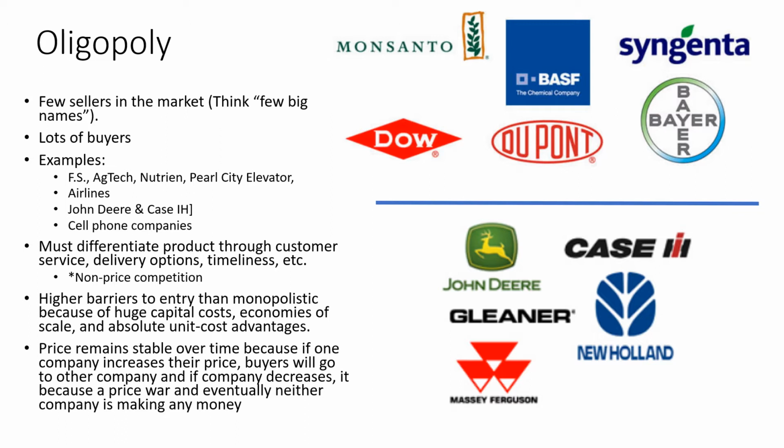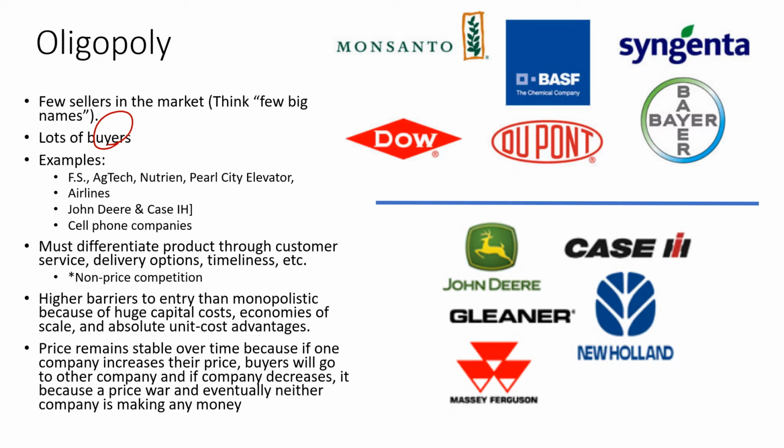So as far as coffee goes and as far as milk goes, there's a lot of different brands, and it's a little bit easier to start a coffee company than it would be to start one of these companies that fit into the category of oligopoly. So there's fewer sellers in the oligopoly market. So there's fewer companies producing the same product. A couple examples, and there's still lots of buyers.